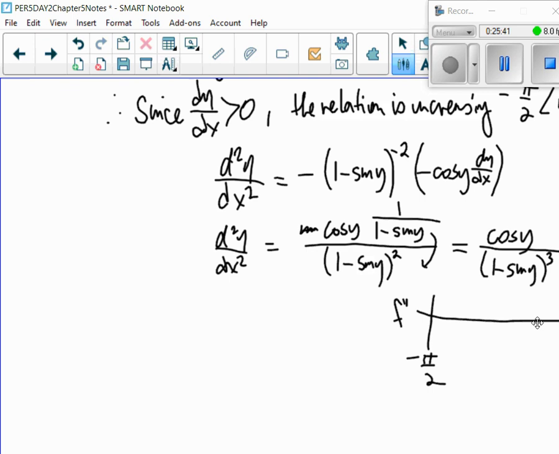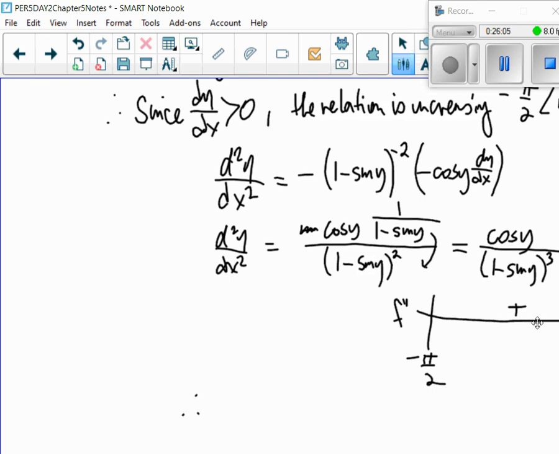Yes, let's do 0. Cos of 0 is 1, and sine of 0 is 0, so we get 1 minus 0 is 1. So we get 1 divided by 1. So positive. So what does that mean?